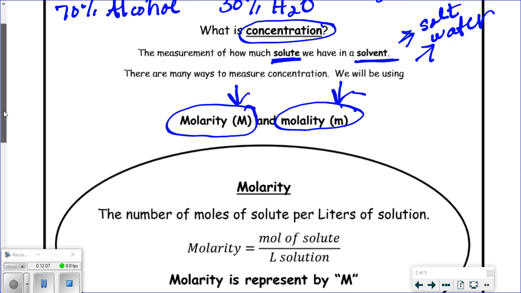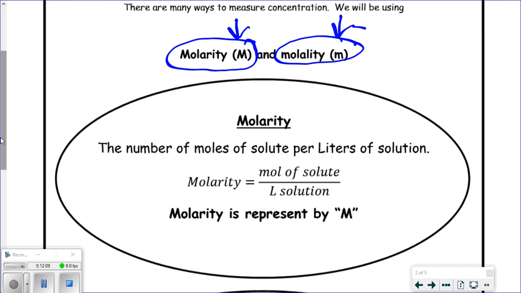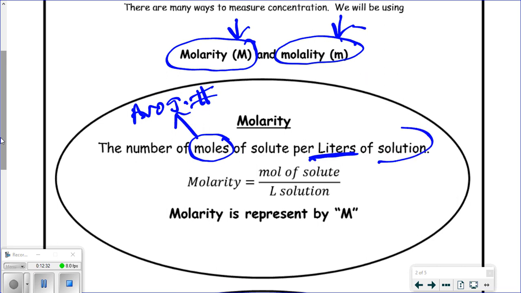So let's see if I can scroll that down for you. All right, so what is it? We're going to be looking at moles. Oh, don't we love moles? Yes. Remember moles? Avogadro's number? You're going to have to remember how to calculate moles per liters of the solution.